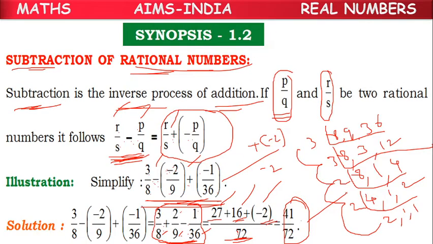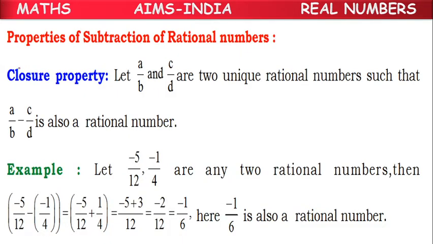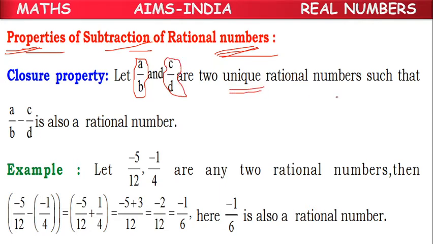So this is about subtraction of rational numbers. Now let's see the properties involved in the subtraction of rational numbers. Suppose a by b and c by d are two rational numbers such that a by b minus c by d is also a rational number, then we can say that subtraction obeys the closure property.